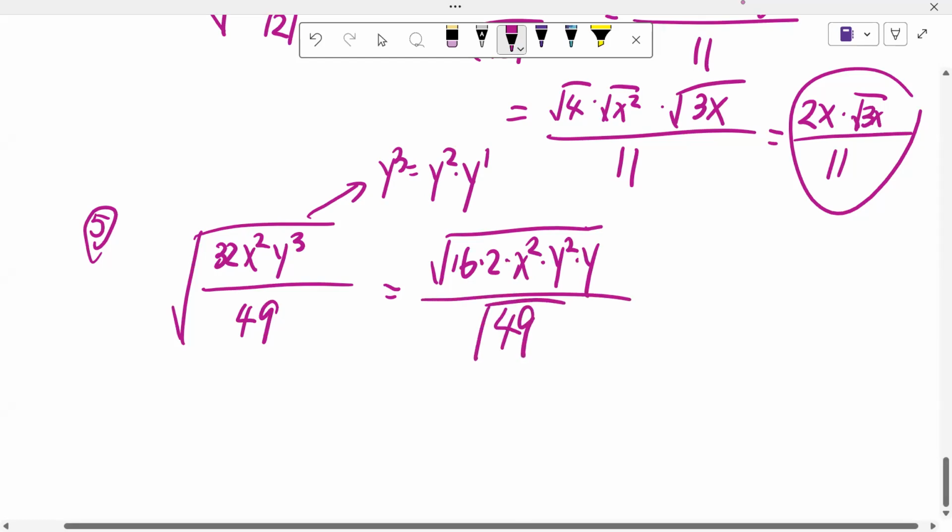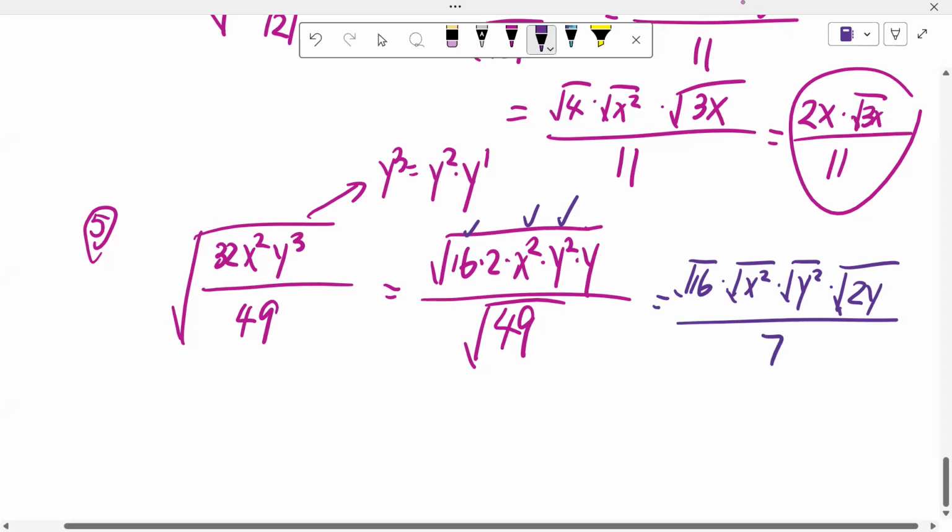We take the square root of 49. Now we get 3 perfect terms, right? This one is a perfect number, perfect term, perfect term. And the other two go into one root. So we get the square root of 16 times the square root of x squared times the square root of y squared times the square root of 2y.